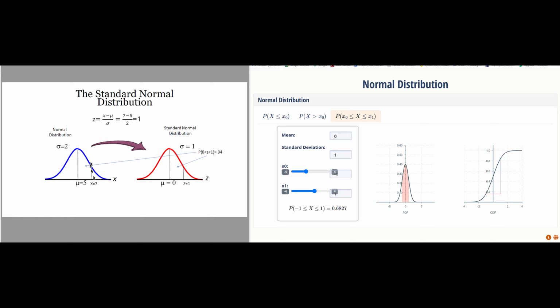Starting out with some particular value x, in this case x equals 7, our mean is 5, standard deviation is 2. If we do that linear conversion, 7 minus 5 divided by 2, the z-score that we get is 1, which tells us that that value of x equal to 7 is 1 standard deviation above the mean.